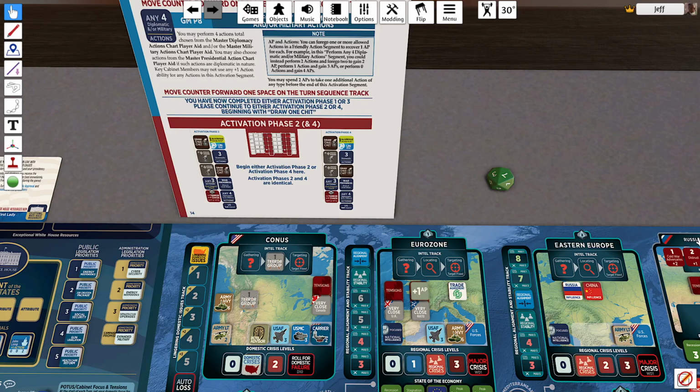We're not rolling well. Iran increases subversion efforts in Middle East. 1 Iranian influence counter in the Middle East on the Group A chart.